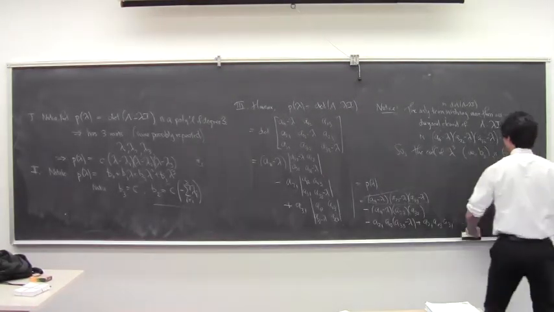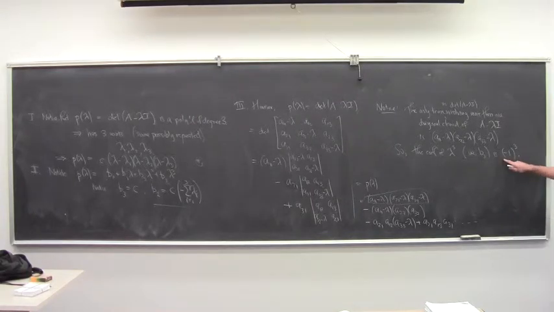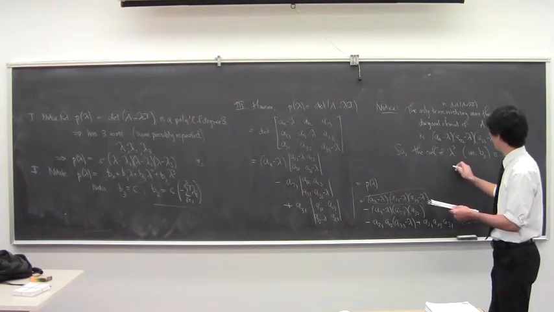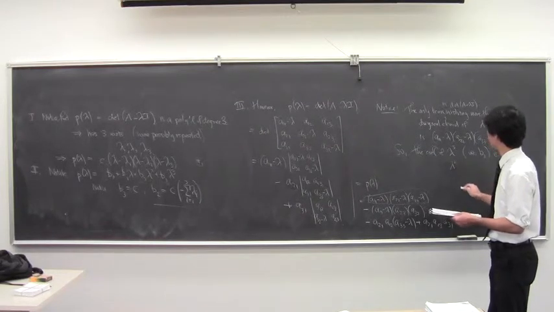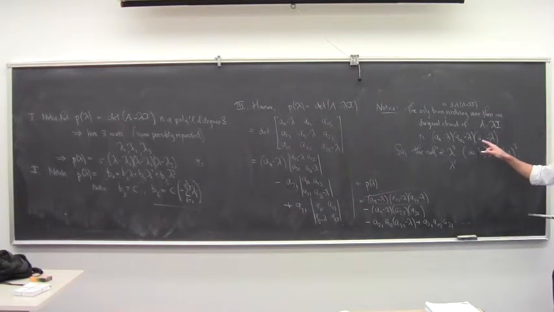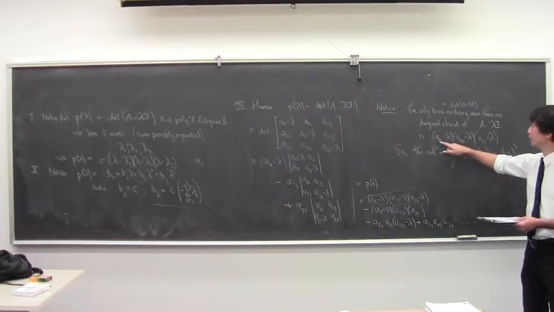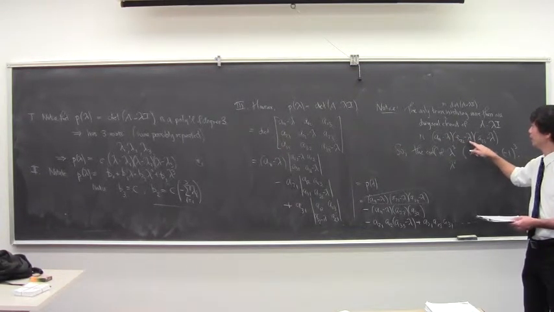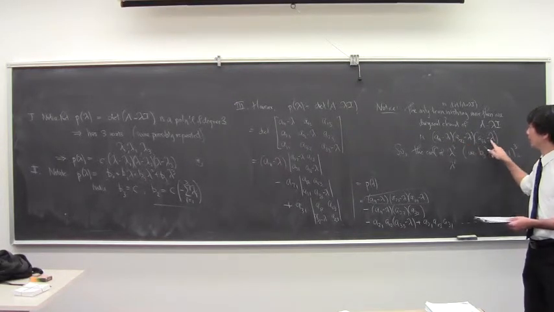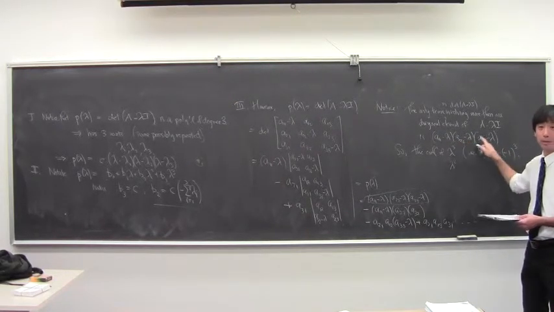So the coefficient is negative 1 cubed, and what's going to be the coefficient of lambda squared? Well, we're going to get a11 negative lambda, a22 negative lambda, a33 negative lambda.